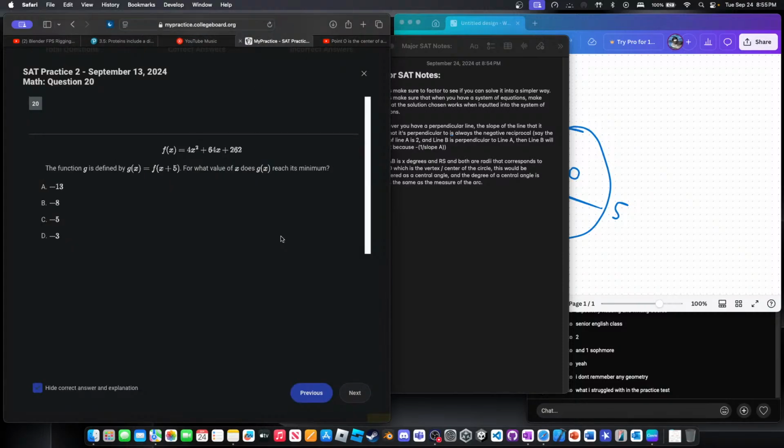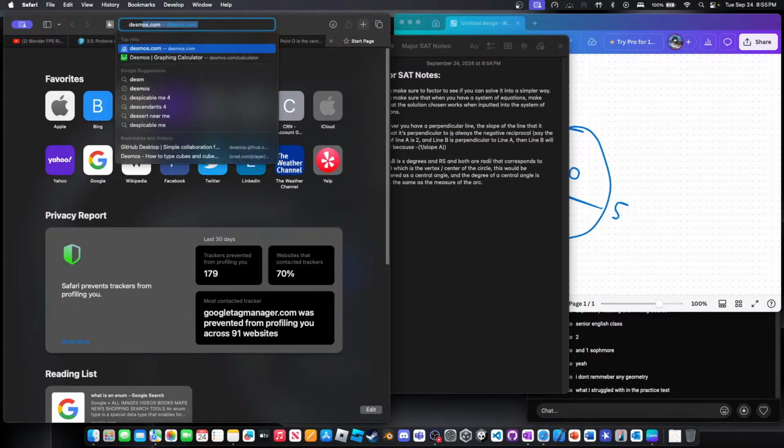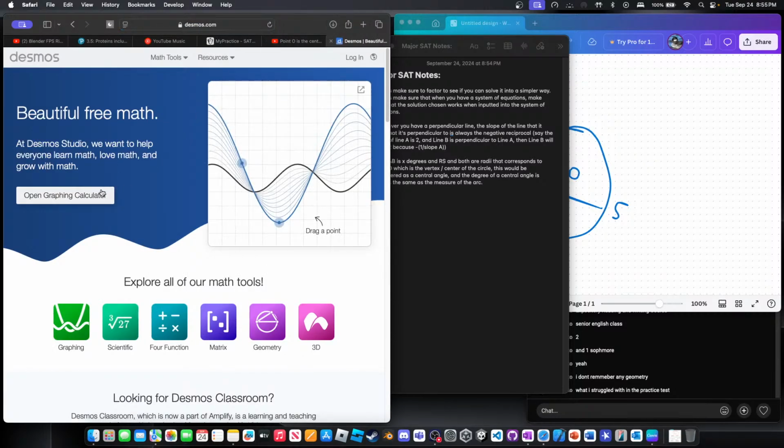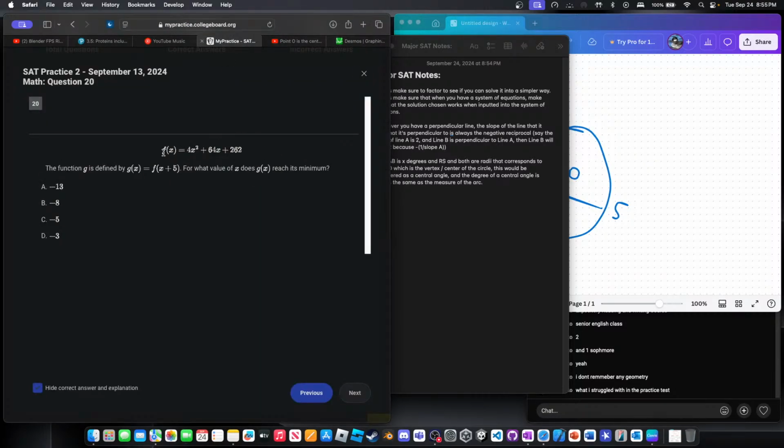Okay, got it. So this seems to be an x squared graph here, right? And no, it's plus 64x. So if we put this in Desmos, we open the graphing calculator, and we just copy and paste this.